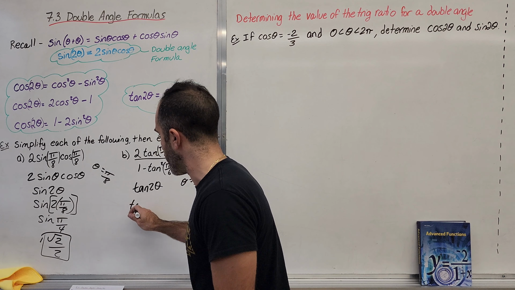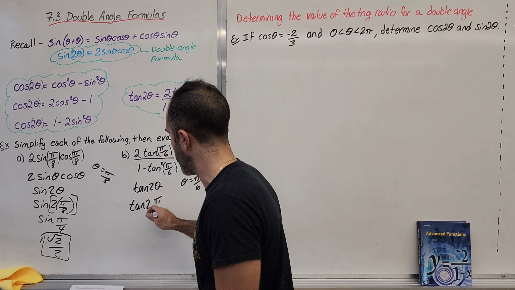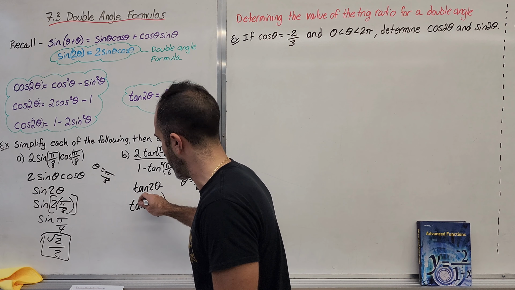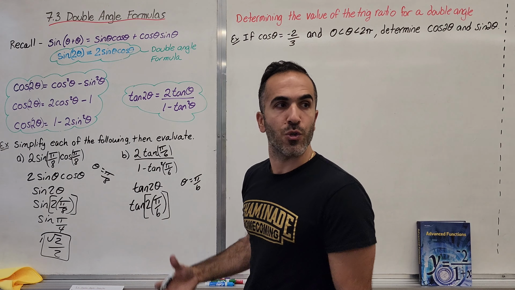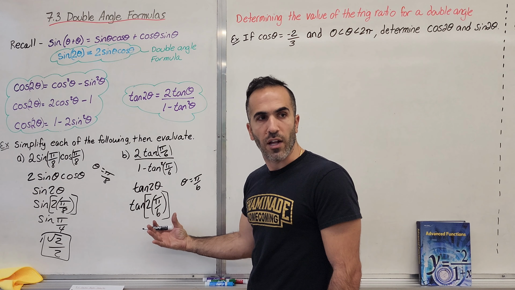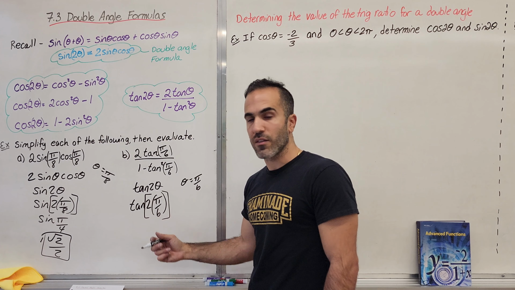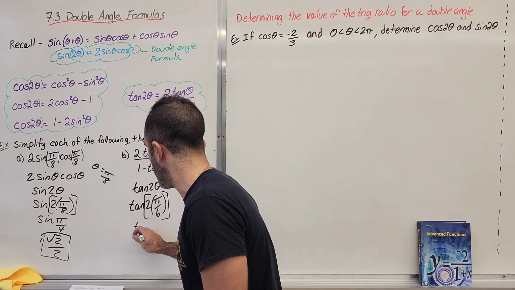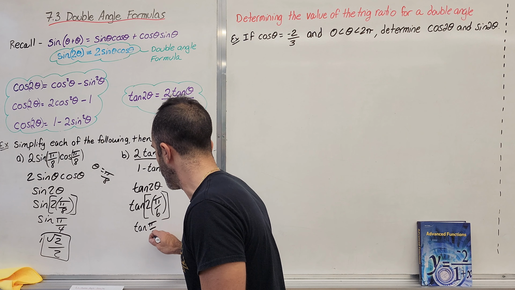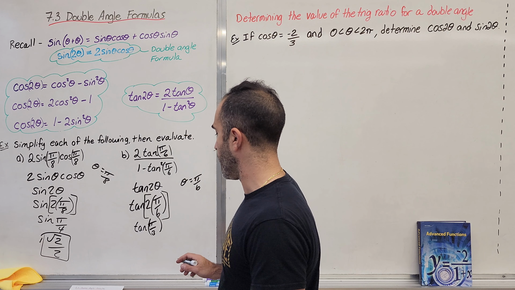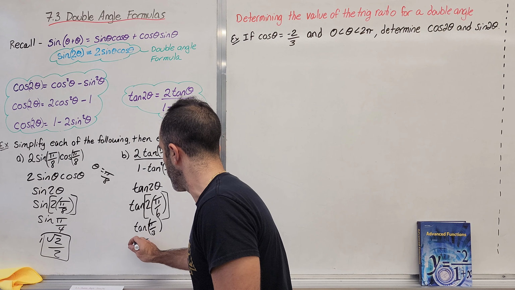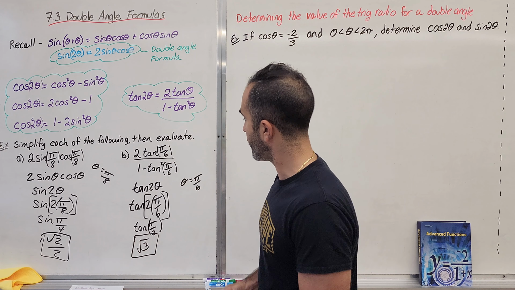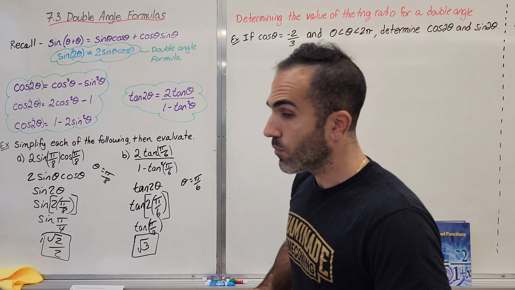So I'm going to replace my theta. You don't have to use these square brackets. I'm just trying to not direct you away from inside of the function. This is just tan of pi over 3. And tan of pi over 3 is root 3. Okay, pretty easy.